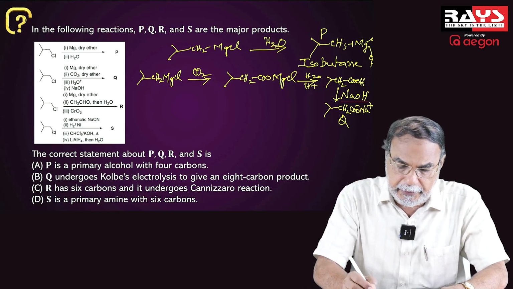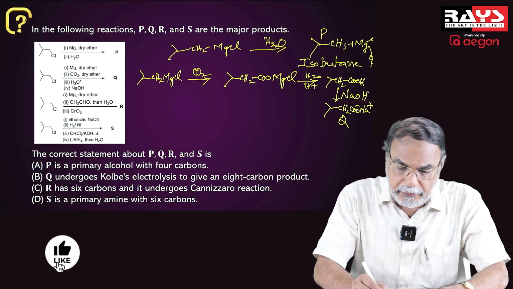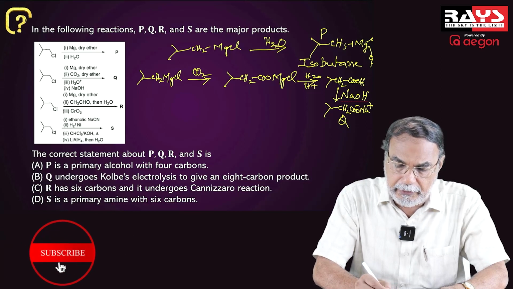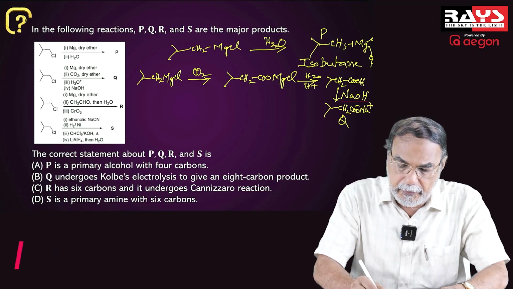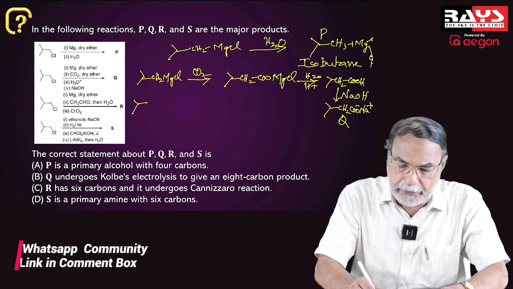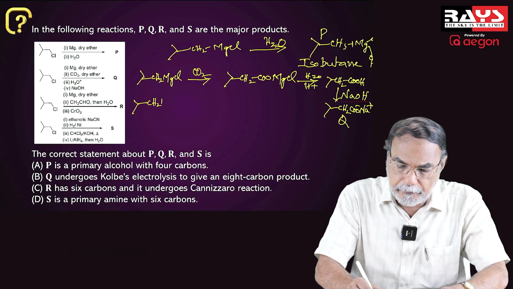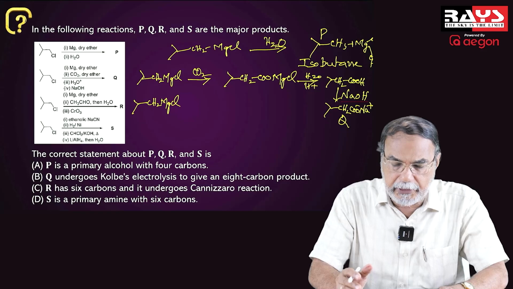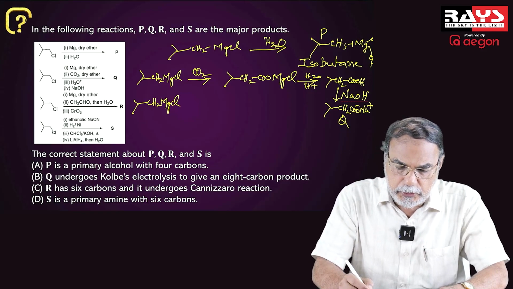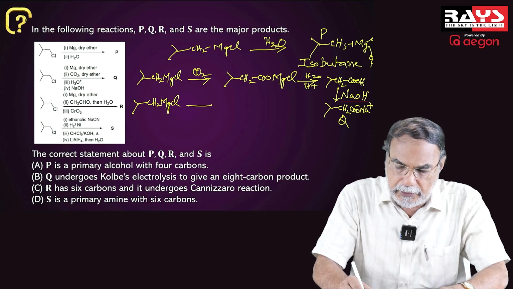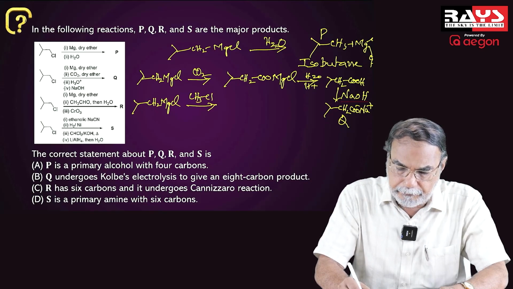Now coming to the third reaction, it's again isobutyl chloride. The reaction with the Grignard reagent, magnesium in ether medium, to have the Grignard reagent isobutyl magnesium chloride, and this isobutyl magnesium chloride is allowed to react with acetaldehyde in the second step.